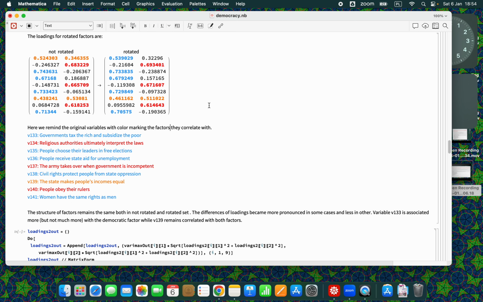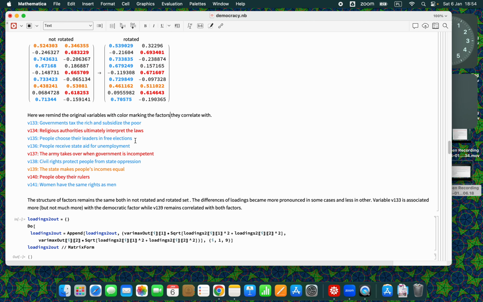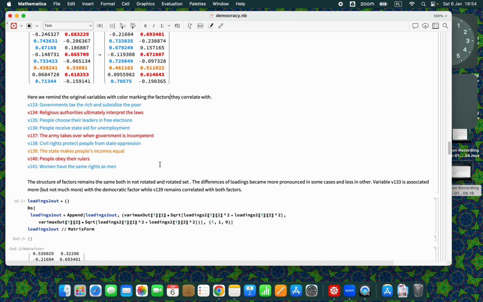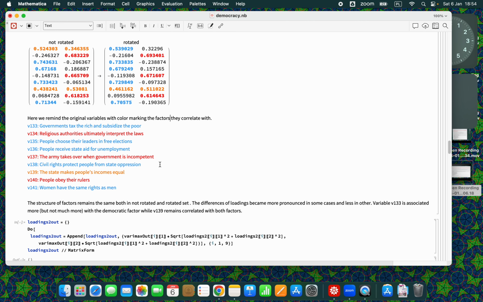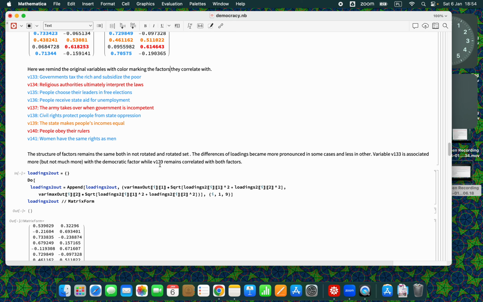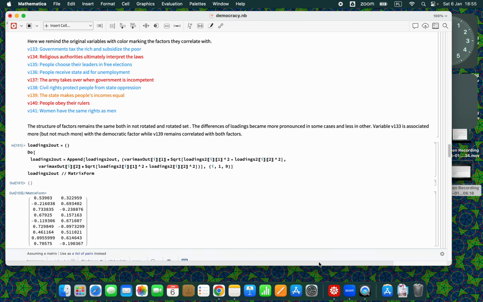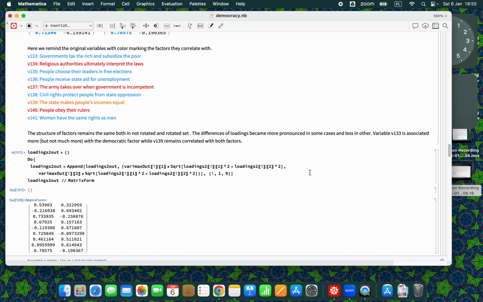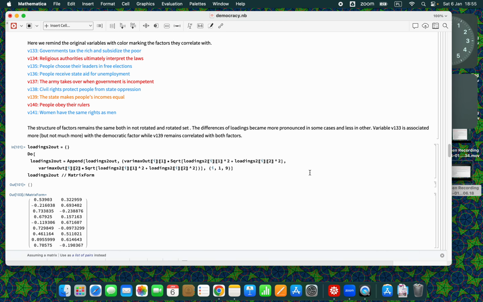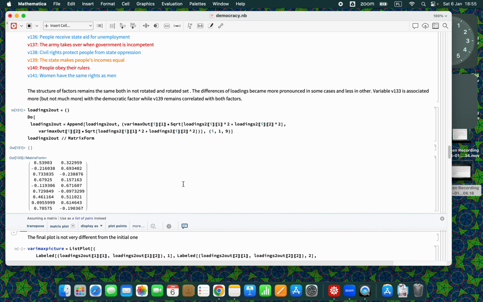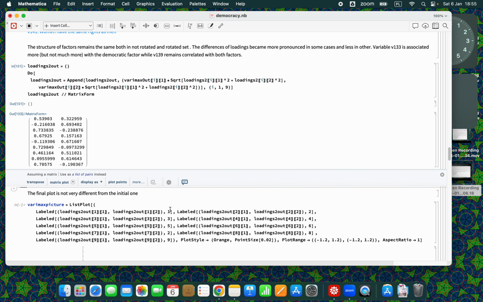Okay, so let's come to the second factor. The second factor is composed of those anti-democratic variables. So using two factors, we cannot really do much better here. This is exactly our final matrix of loadings.